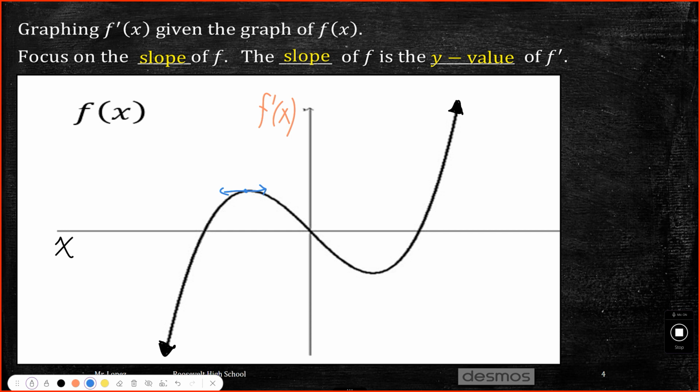So then the rate of change is 0 here, and for f prime, it would be here. It would be 0. The same for here: the slope is 0 here, so for this one it would be there. So we got these points for f prime.